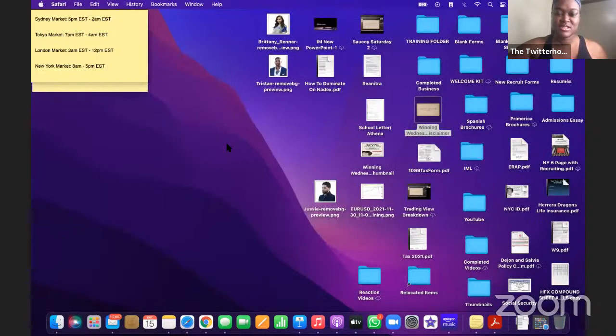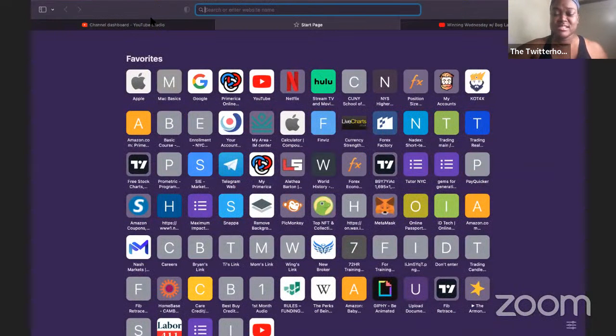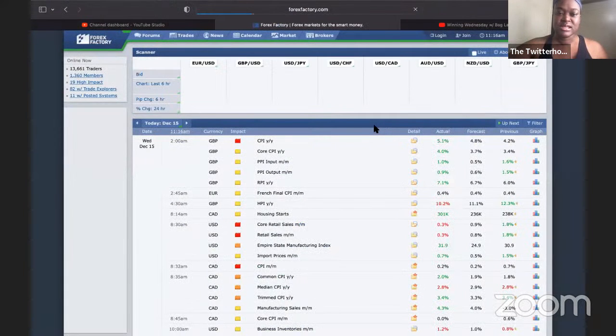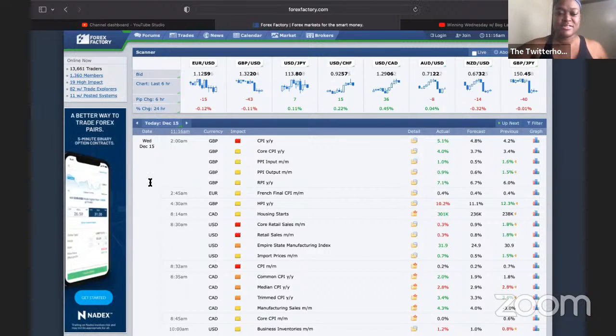All right, guys. So first things first, when it comes to trading, we have to check the news because there are different types of analysis. There's fundamental, technical, and sentimental analysis. Fundamental analysis means I'm going to check the news, right? And I'm going to forexfactory.com. And here we have the date.